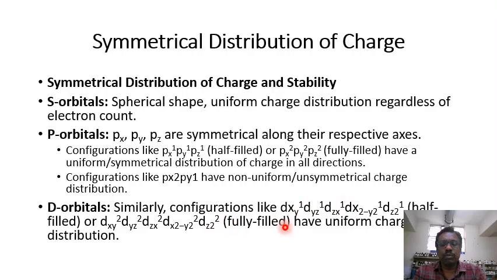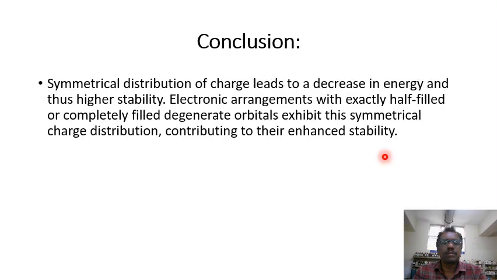So half-filled and fully filled have uniform charge distribution. Conclusion: symmetrical distribution of charge leads to a decrease in energy, and thus higher stability is obtained. Electronic arrangements with exactly half-filled or completely filled degenerate orbitals exhibit this symmetrical distribution, contributing to their enhanced stability.